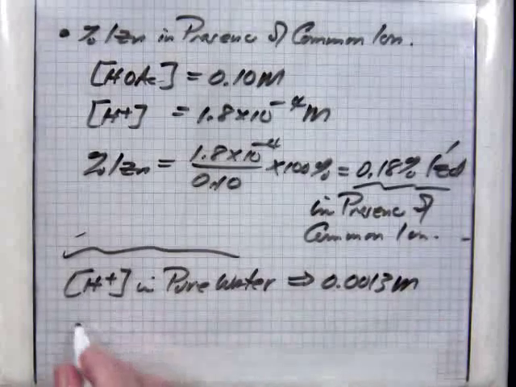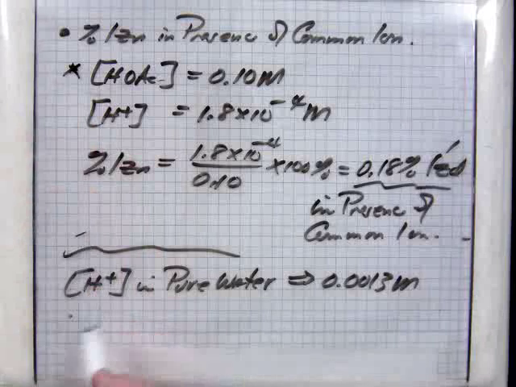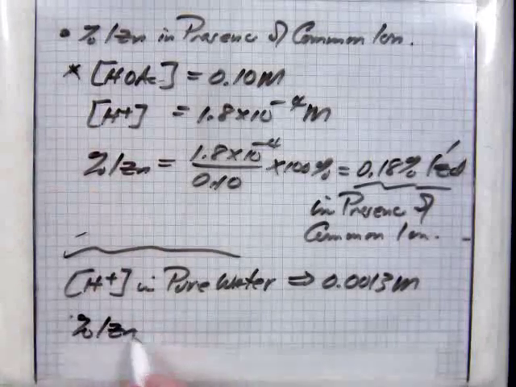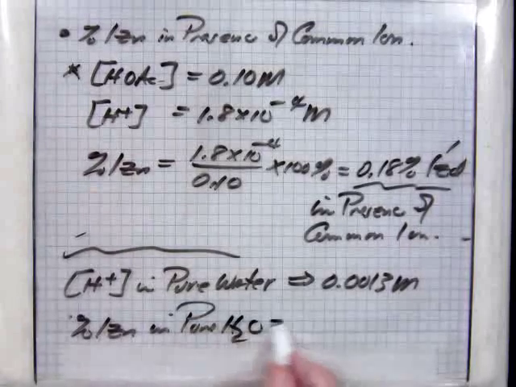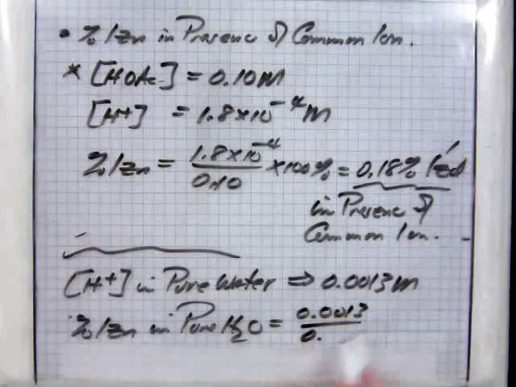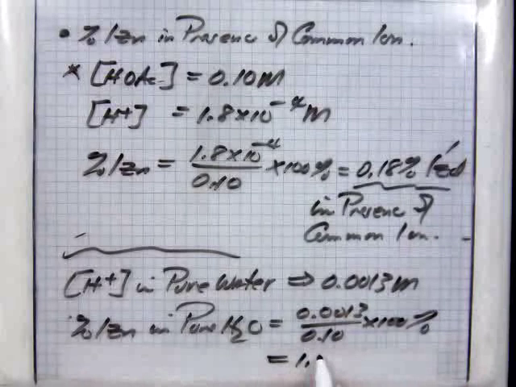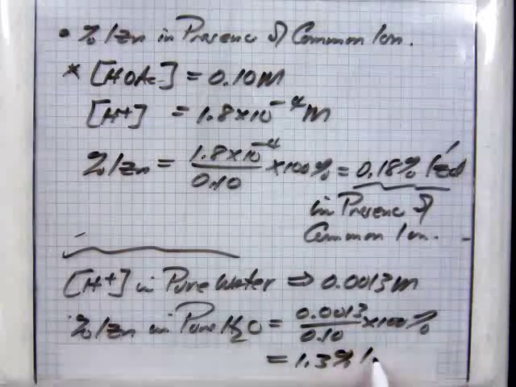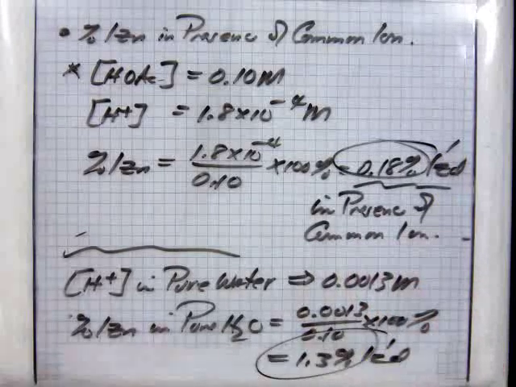And if we use the same concentration to make a comparison, then the percent ionization in pure water would be 0.0013 over 0.10 times 100%, and that's 1.3% ionized. So when you compare the two, you see a significant drop in the overall ionization.